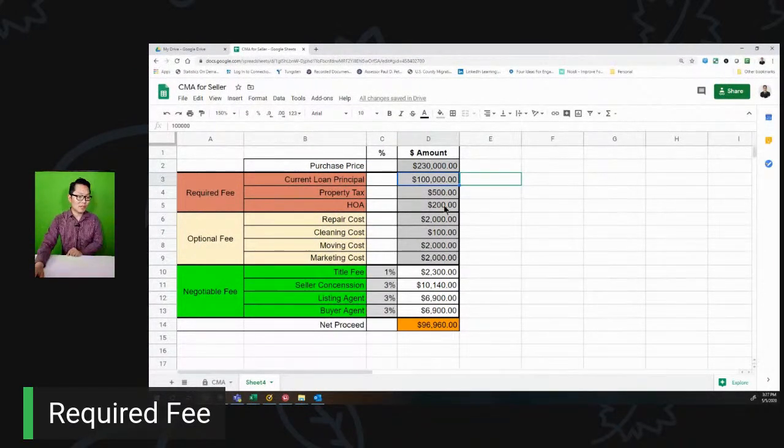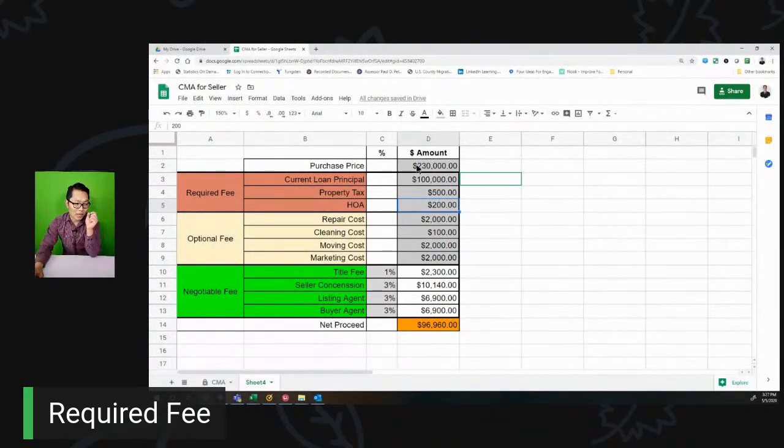Now this is a little bit more than what I was supposed to write, but this is an example so that you can see right away. Those are the three costs that you are required to subtract from the purchase price.